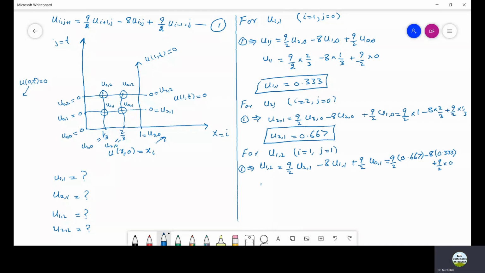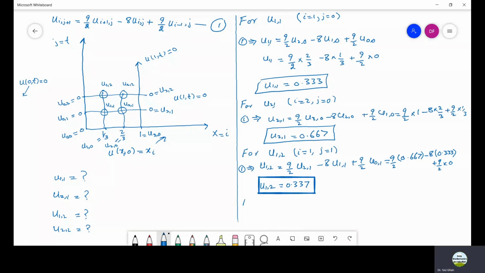So if we simplify this, we get u1,2, which is equal to 0.337, and that is the next value.